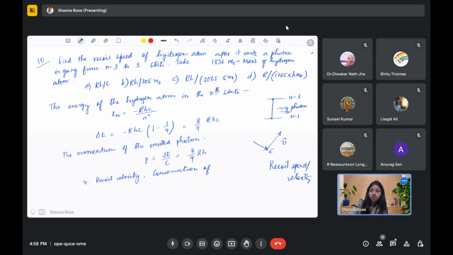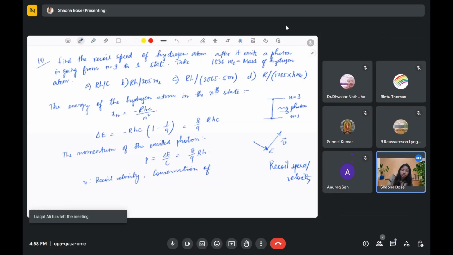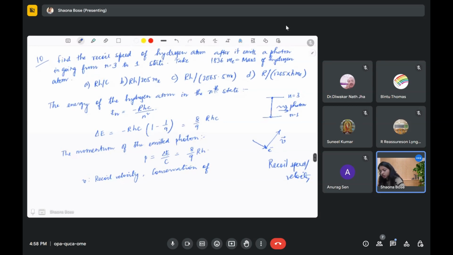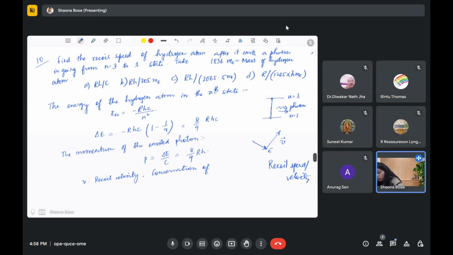The energy is just distributed or taken by the bodies taking part in that particular event. For example, in the Compton effect, the same happens. We'll be discussing that in later classes. So, since it's a recoil velocity, we can use the conservation of momentum concept here.